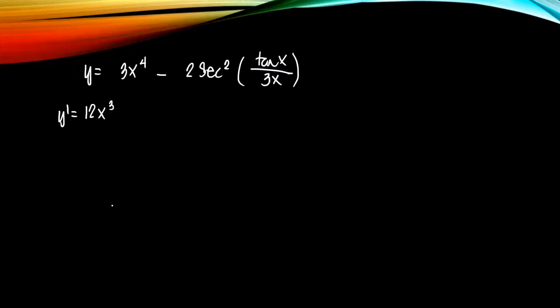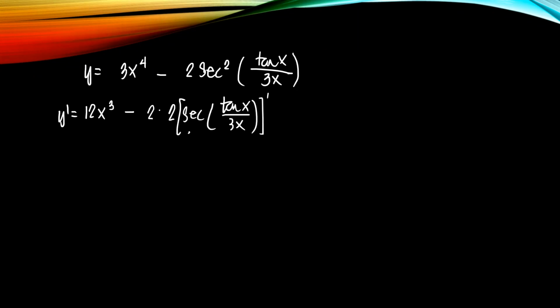No problem with that. The 2, I don't need that yet because it's just a multiplier. However, there is a secant squared. So I will apply what rule first, guys? Power rule. The power rule for this is 2 secant tangent 3x. Ito, ang power rule niya to the 1.